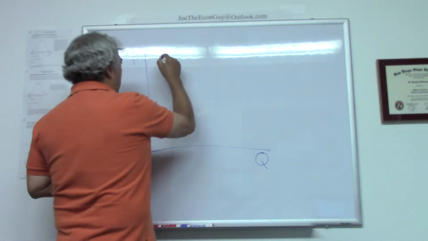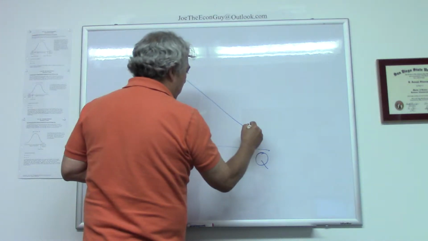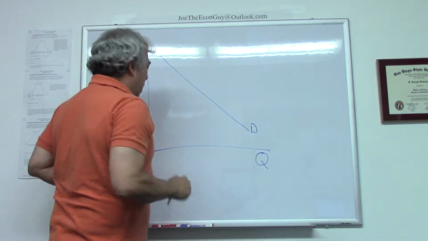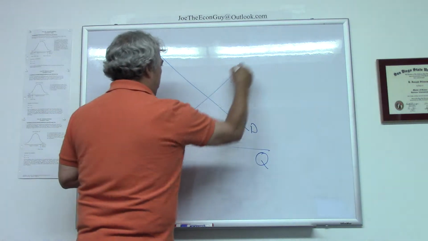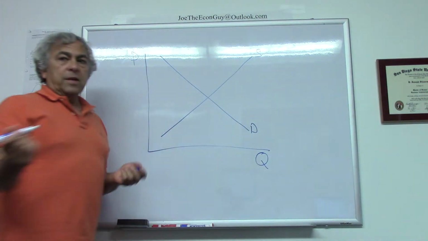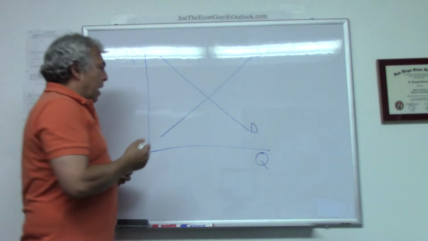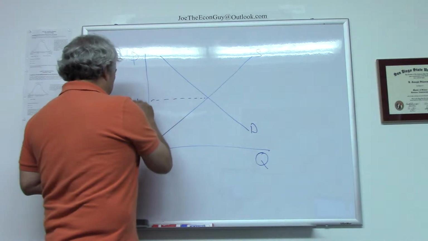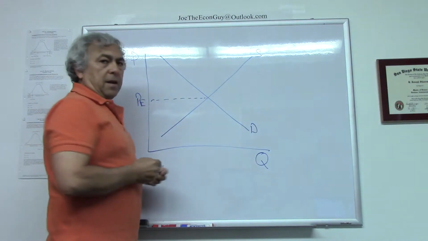And then what we have over here is a downward sloping demand curve. The demand curve from left to right goes from higher to lower, and then our supply curve is upward sloping. So in this slide, slide 26, it says equilibrium. You'll notice that we have an equilibrium price, which I'll denote as PE.